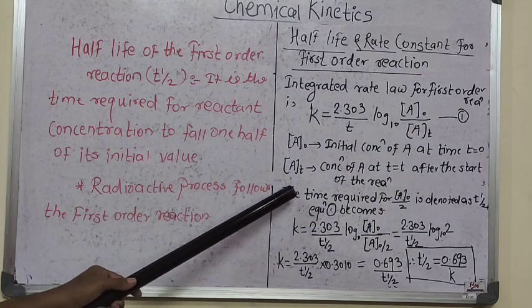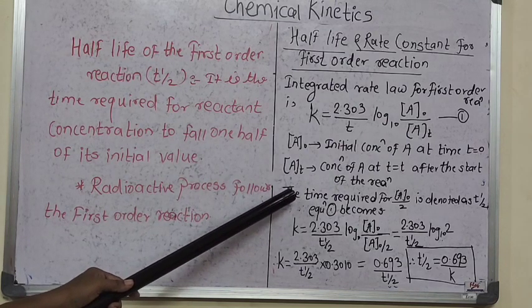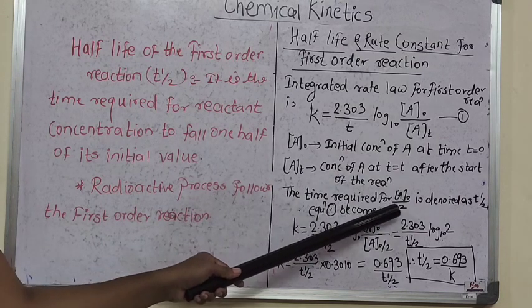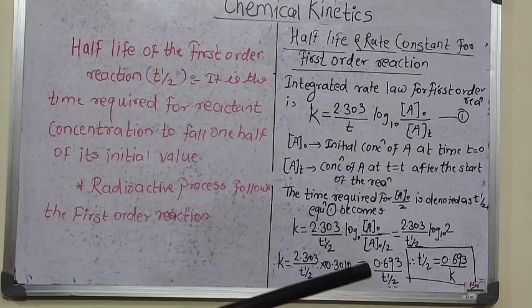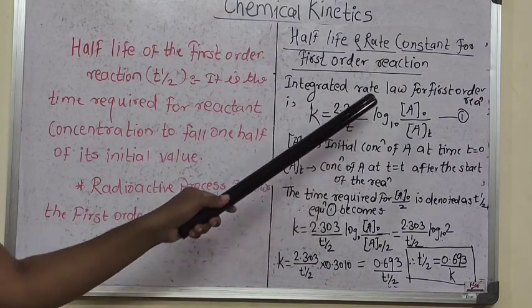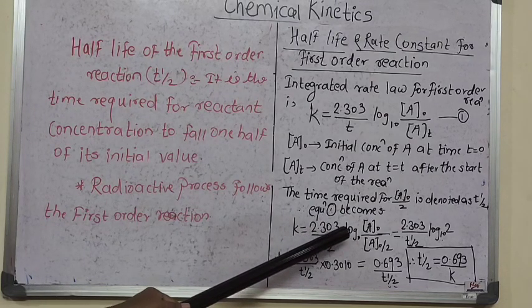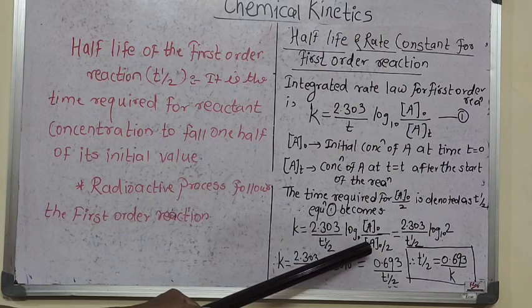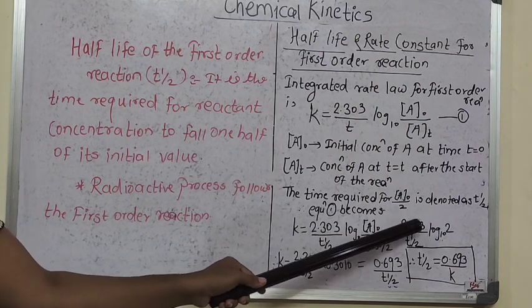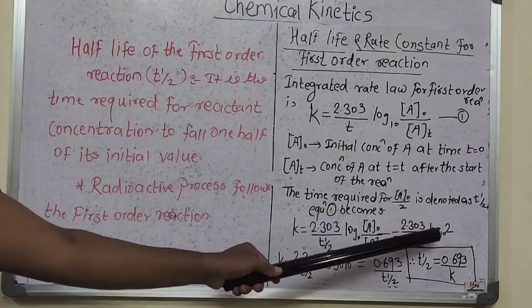So when we consider half of the initial concentration, what is the time required? The time required for the concentration to fall to A0 by 2 is denoted as t1/2. Substituting this in equation 1, we get k equal to 2.303 upon t1/2 log to the base 10 of A0 upon A0 by 2. Simplifying, we get 2.303 upon t1/2 into log to the base 10 of 2.